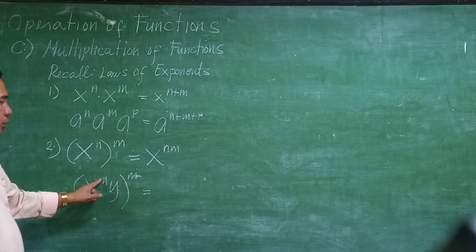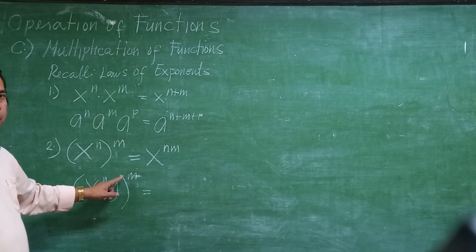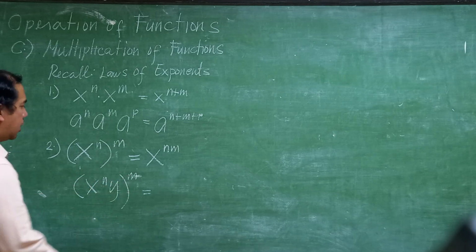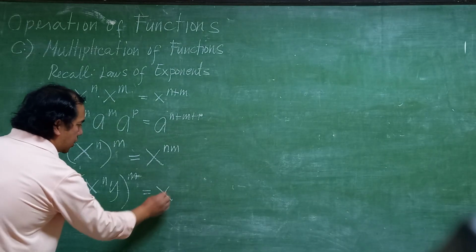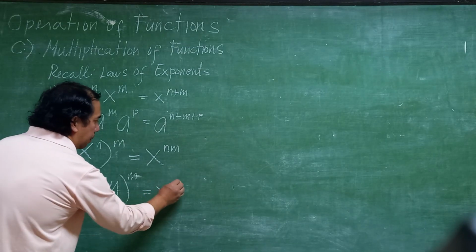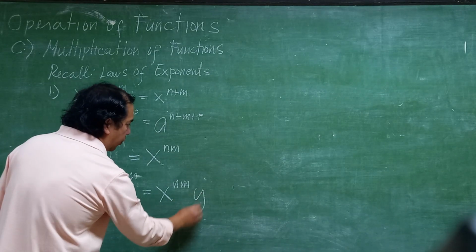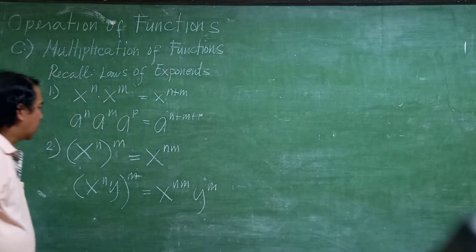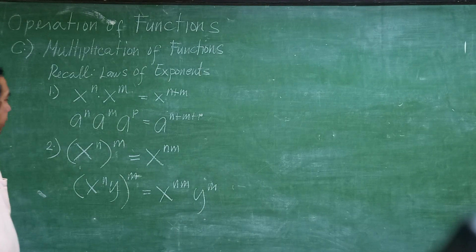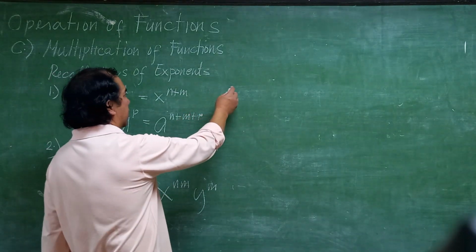Still, we distribute, the distributive property. So that is the same as x raised to n times m, then y raised to m.